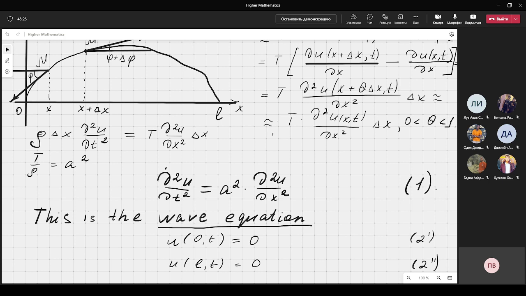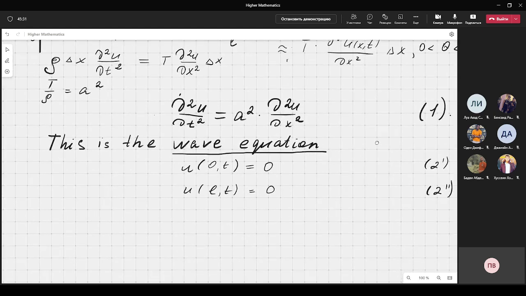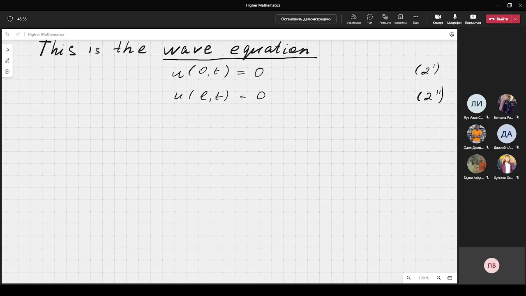We should then have u of x, 0 equals, u at t is 0 equals f of x. It is 3 prime.